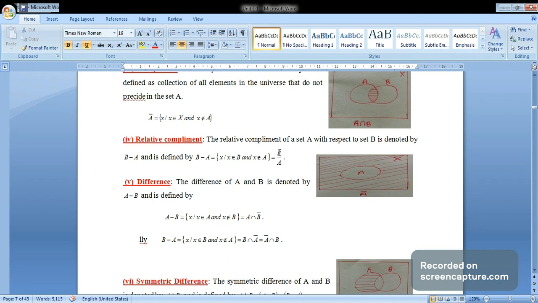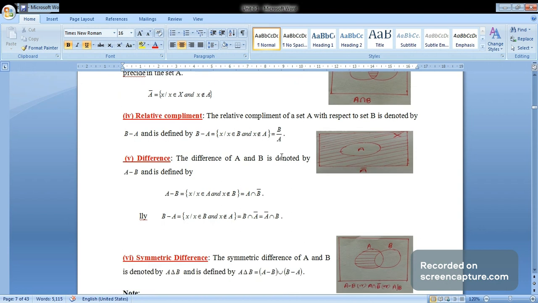It is also denoted by B \ A. B minus A means the elements belonging to B and not belonging to A. This can also be defined as A minus B: x such that x belongs to A and x does not belong to B, denoted by A \ B.